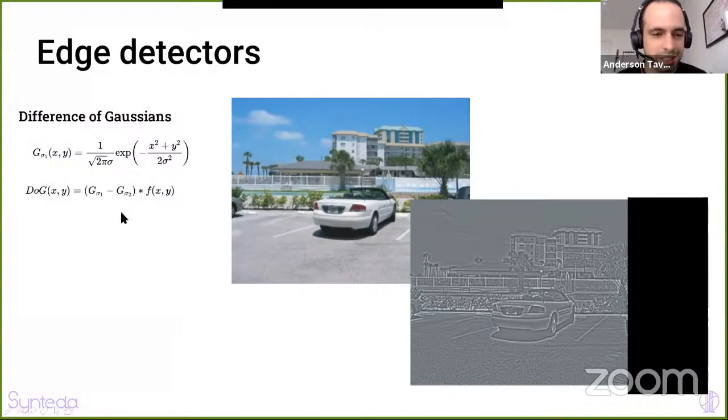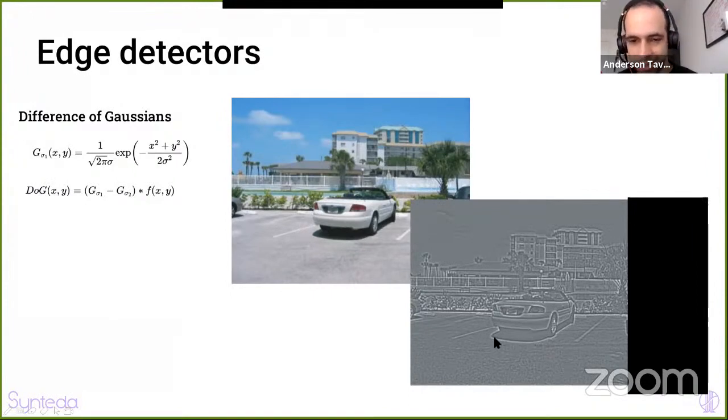So this is just two Gaussians. We apply Gaussians to an image represented by the F, so we have two Gaussians. The result of the Gaussians are blurred images, and we just subtract those two versions of blurred images to get the edges.